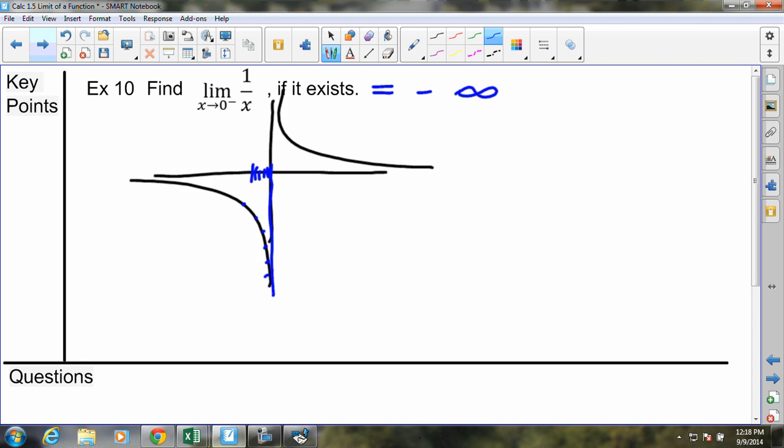Okay, if we were to switch this, what if we were saying approaches from the right? Well, as we're closing in on the x from the right, the y value, if we use the right-hand limit, is closing in on positive infinity.